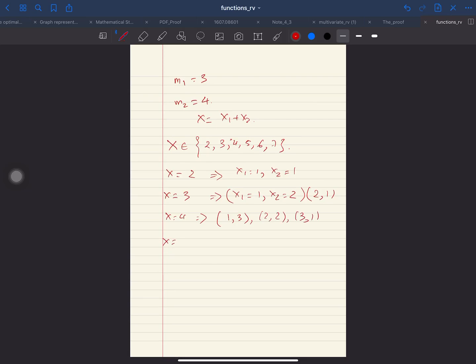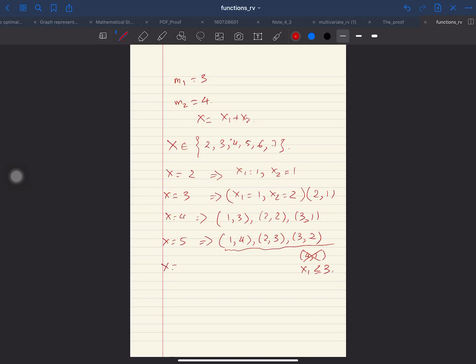And x is equal to 5. Now this is more interesting. I could have 1, 4, 2, 3, and 3, 2. I cannot have 4, 1 because x1 is less than or equal to 3, so there are only 3 possible combinations.